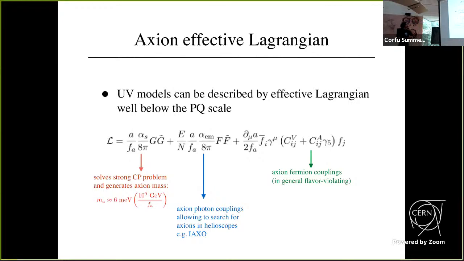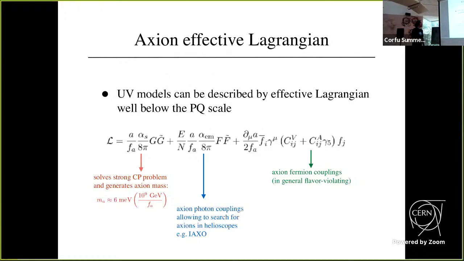The second term comes from the electromagnetic anomaly, and it's responsible for axion-photon couplings. And this is the model dependent part, and allows to search for axions, for example, in helioscopes, which is a very promising place to look for axions because of the planned IAXO, a helioscope which will improve significantly the limits on axion couplings to photons.